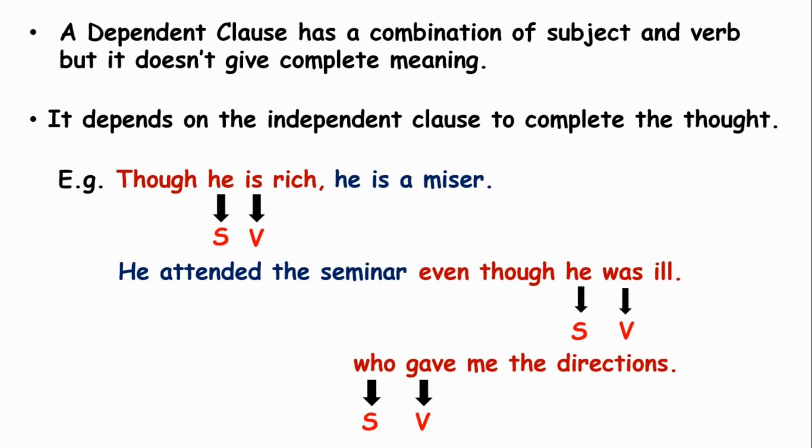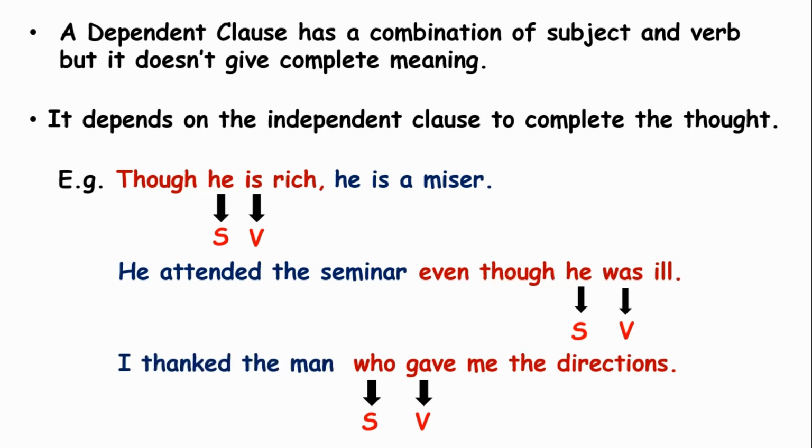Without even though he was ill, you can use this particular independent clause as a simple sentence. But without this independent clause, you can't use even though he was ill as a complete sentence. Do you understand what I am trying to tell you? Dependent clauses can't stand on their own. They need the support of an independent clause to complete their meaning.